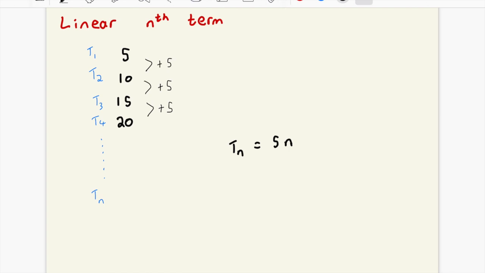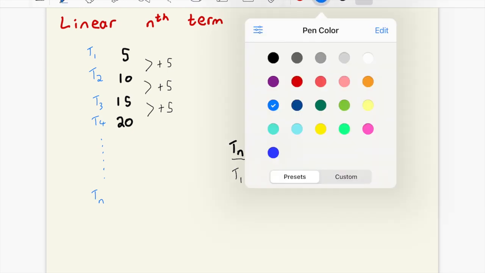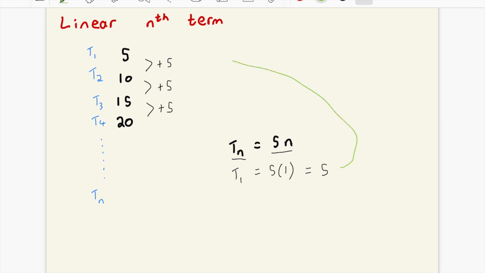So if we test for the first term, we have T1, and because we've replaced the n here with 1, we replace the n on the right hand side with 1 as well. So we would have 5 multiplied by 1, and that is equal to 5. Now, if you look back up the top, our first term was 5. So we know that that works. So let's test another one.